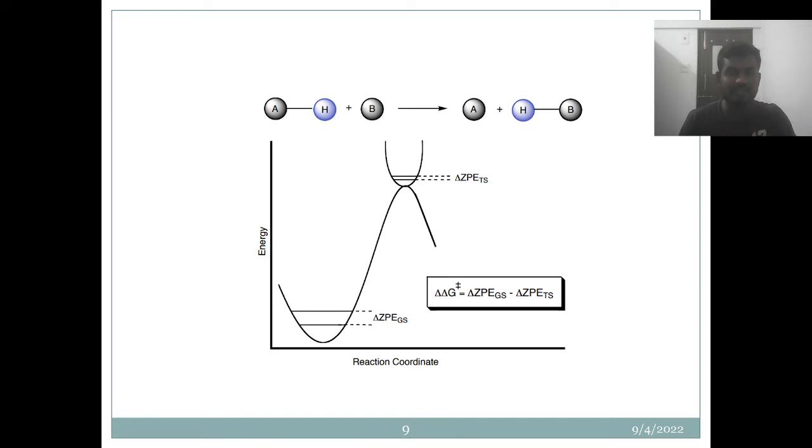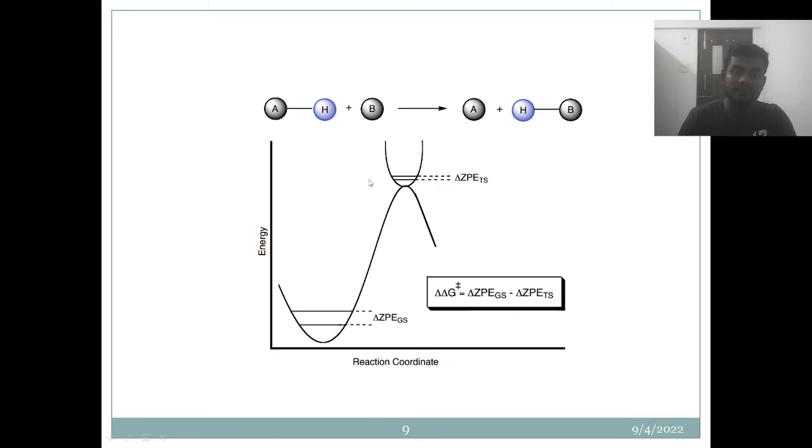Okay. Please remember that we have a delta ZPE in the ground state, we have a delta ZPE in the transition state. Generally, the difference is more in the ground state compared to the transition state. That's why we see a primary kinetic isotope effect. For example, if you see here, for CH the activation energy is less.